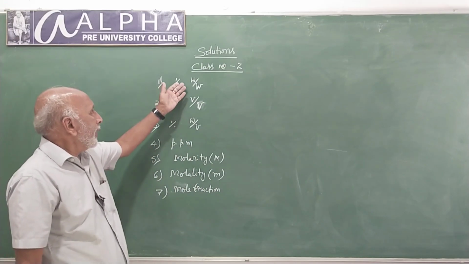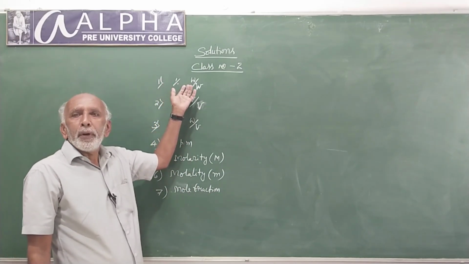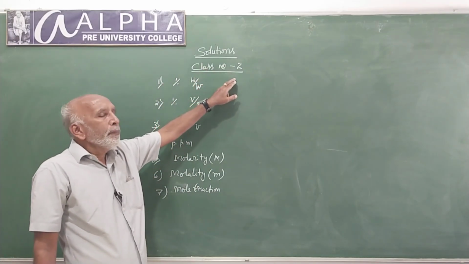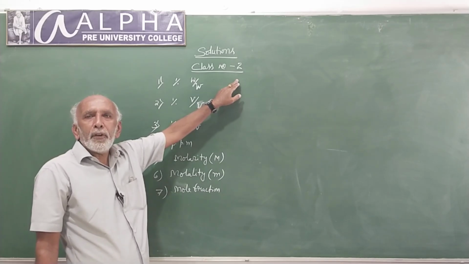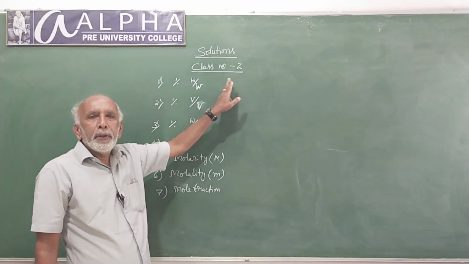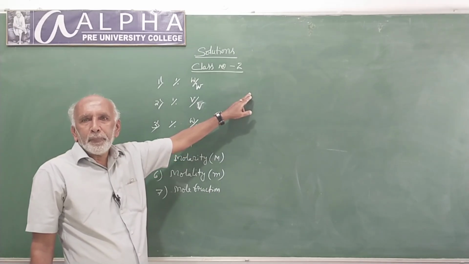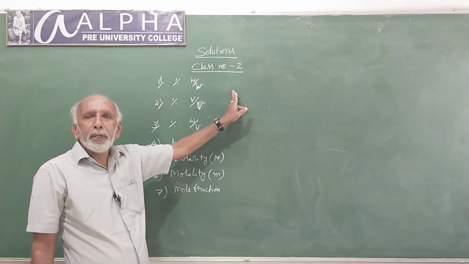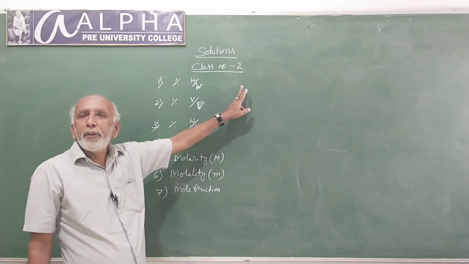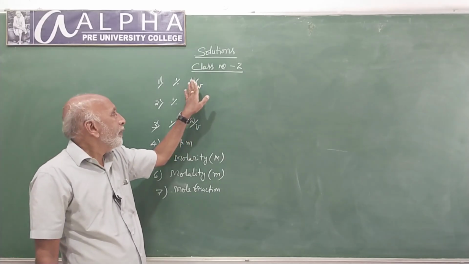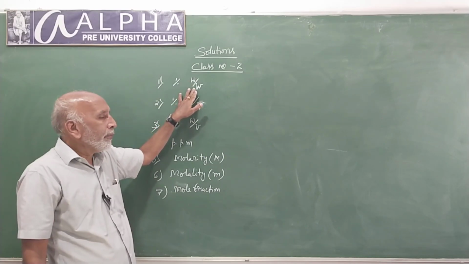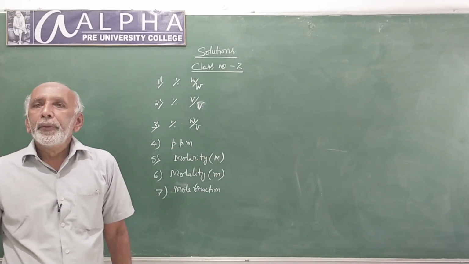What is percentage mass by mass? That is the mass of the given component divided by the total mass of the system, that is the solution: mass of solvent plus mass of solute. So in this case, only the mass term is present, no volume.